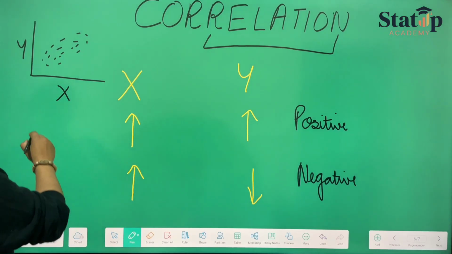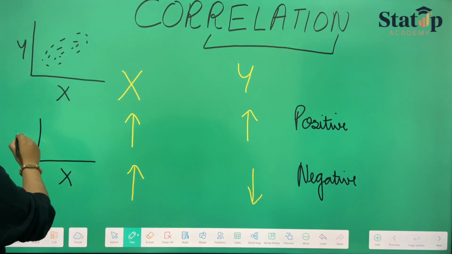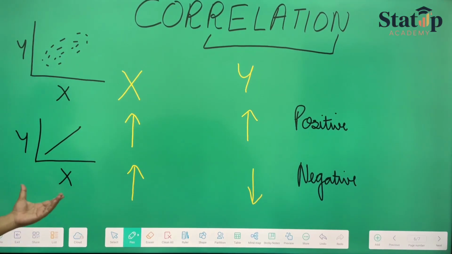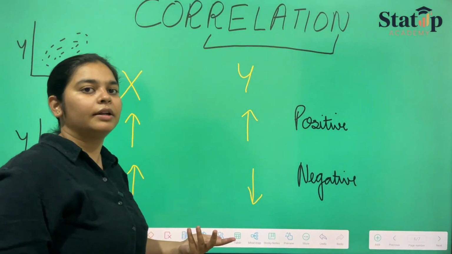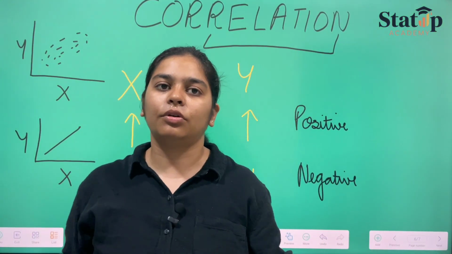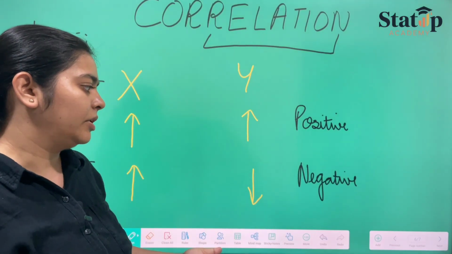And when y is increasing as x increases, we can say that there is a linear relationship between x and y, which means that it has a positive correlation with a linear relationship. These are the kind of things that we have done in econometrics, and if you haven't seen that video, you can rewatch that video in paper 3.